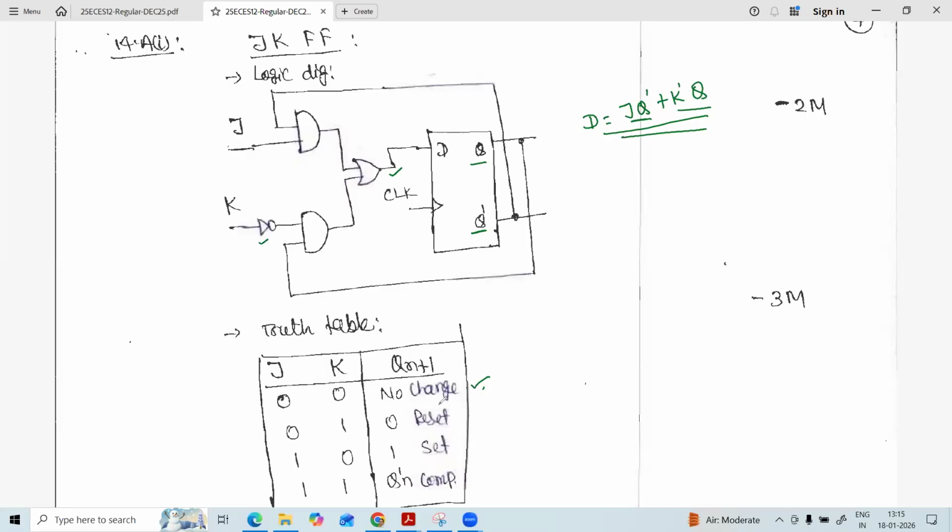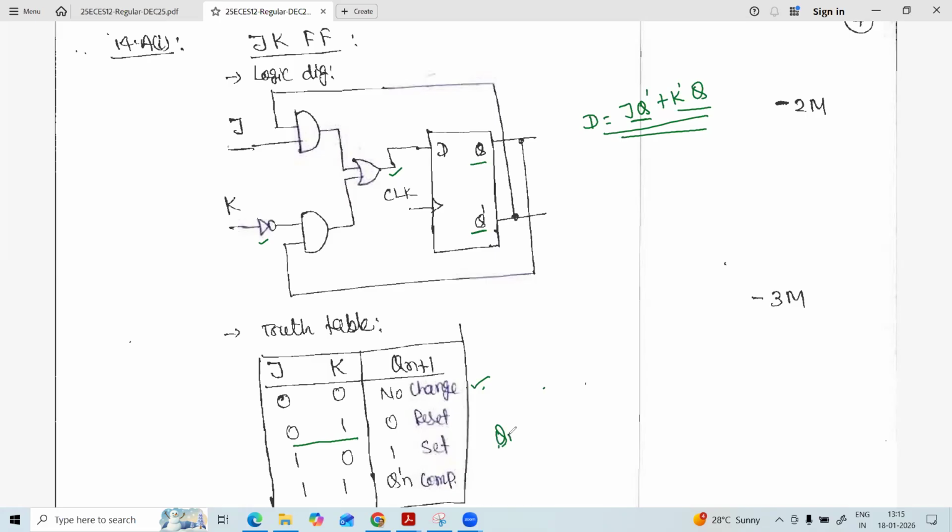If Qn is 0, Qn plus 1 also will be 0. When the combination is 0, 1, it will be reset, so here Qn plus 1, the next state, is going to be 0, and Qn plus 1 dash will become 1. When we have 1, 0 it is set, and 1, 1 means complement, so it keeps on changing.